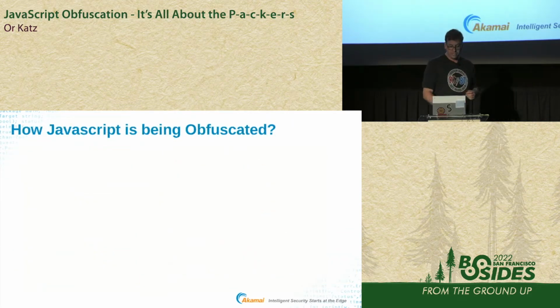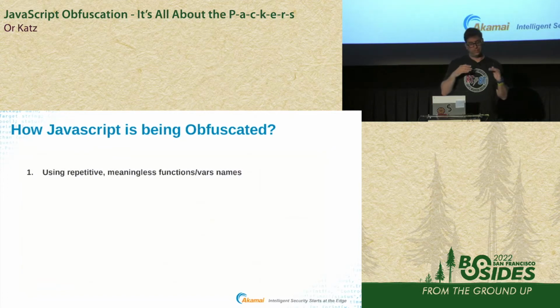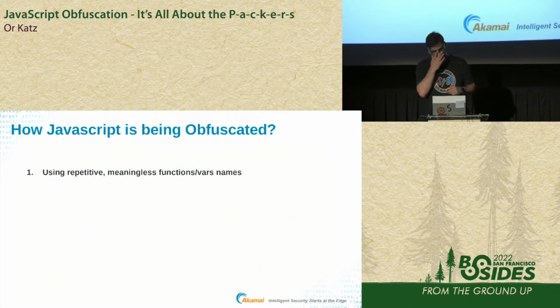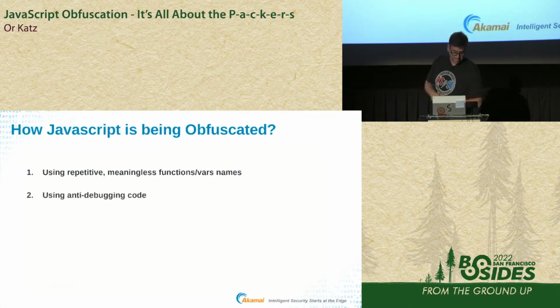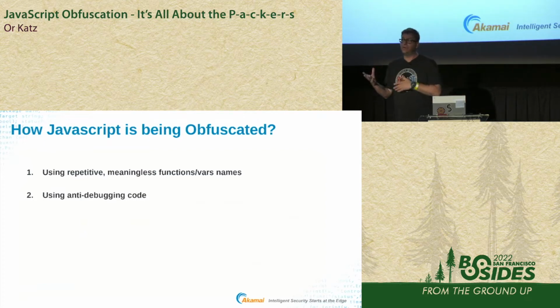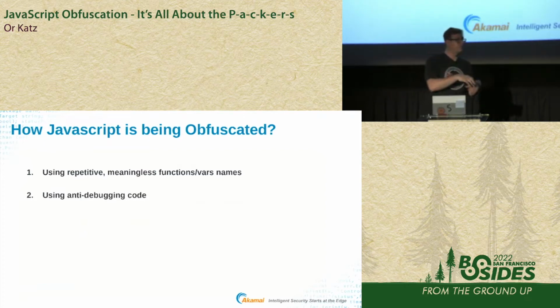How is JavaScript being obfuscated? Here are the common, most used techniques out there for obfuscation. First, using repetitive or meaningless names, whether those are function names or variable names, making the file itself a bit unreadable. Second, using anti-debugging code, meaning putting into the code some code that will make debugging much harder.